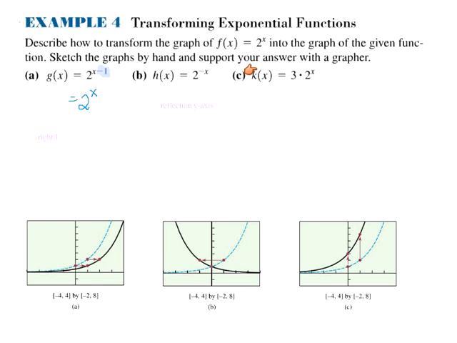All right, lastly, let's see what is happening in part C. You have 3 times 2 to the x. That is a vertical stretch because it's affecting the entire equation, and that is by a factor of 3. Good.